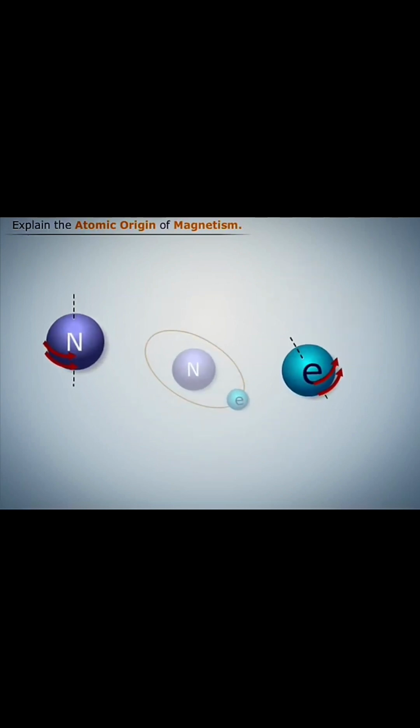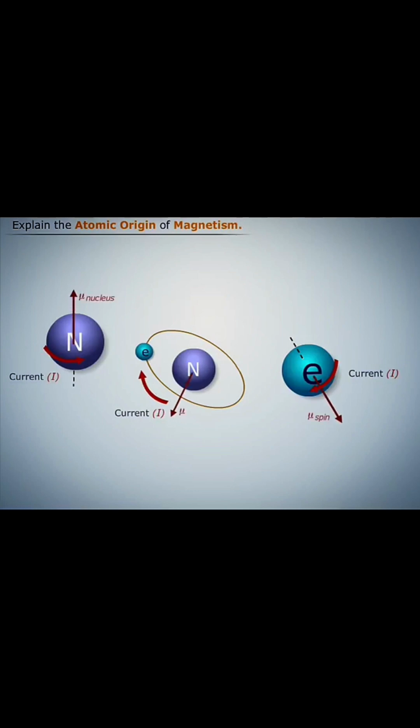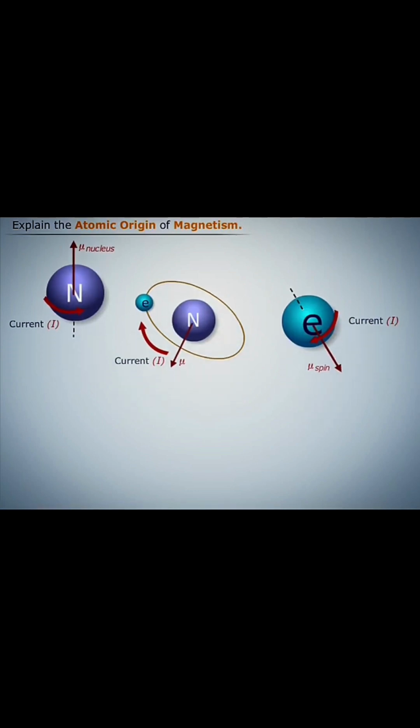Similarly, in an atom, the rotation of the nucleus and the revolution and rotation of electrons indicate the flow of small currents in them. This flow of current induces magnetic moments. The resultant of all the magnetic moments gives the net magnetic moment of the atom.